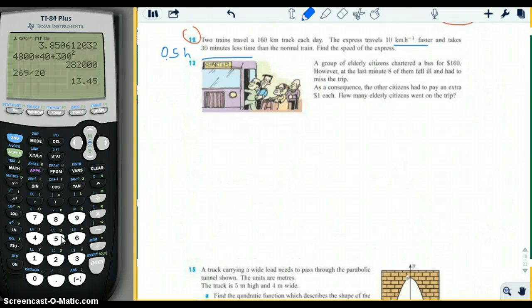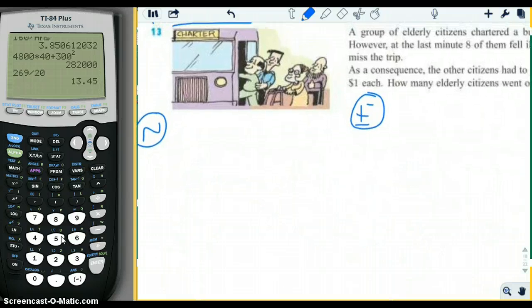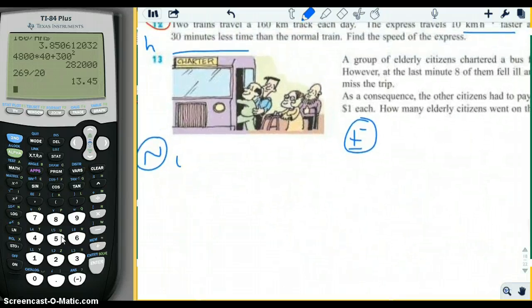So we're going to compare the normal train with the express train. The normal train travels at v velocity, and it goes a certain distance over a certain time. The only thing we know here is the distance. The distance is 160 kilometers, so we'll put that there. What about the express train?